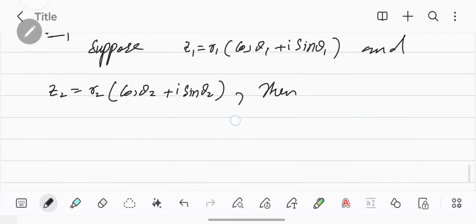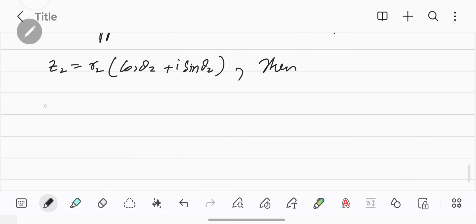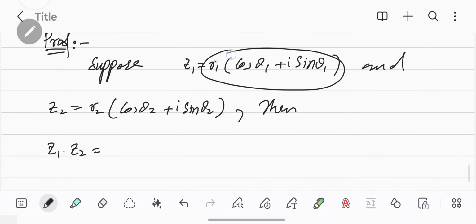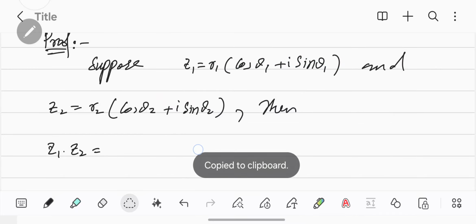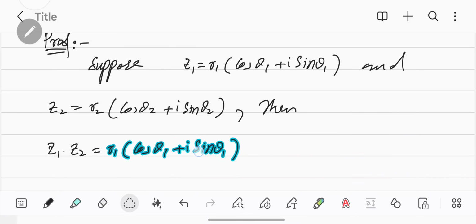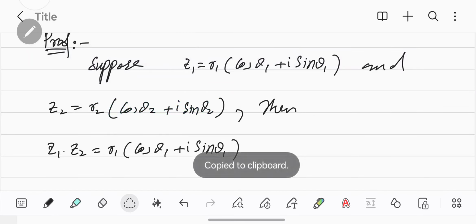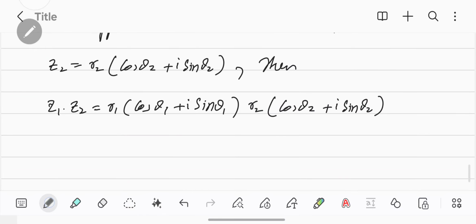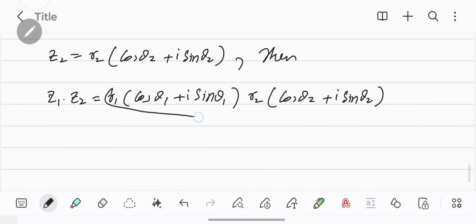So we will calculate this. z1 times z2, put their values. Since z1 is r1 times this, I will plug in this value of z1, and then I have to plug in this value of z2 because I have to take the product. Now we have both values here.